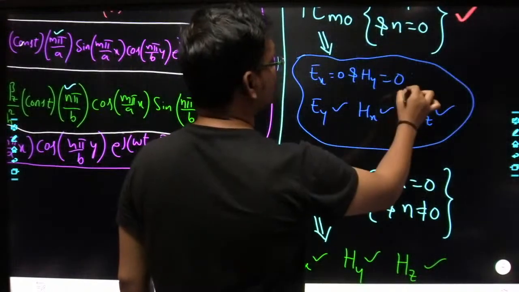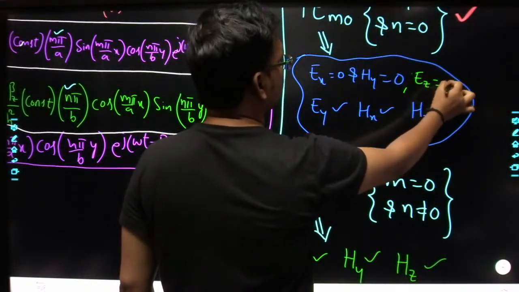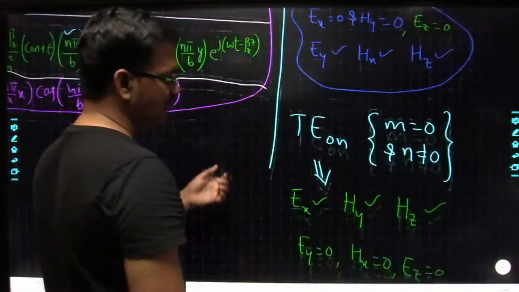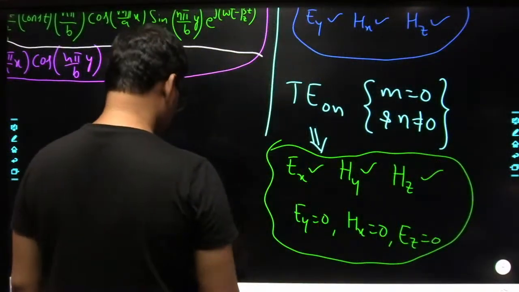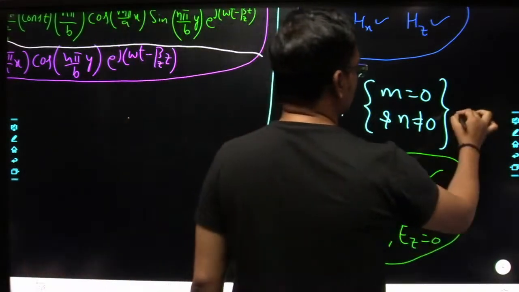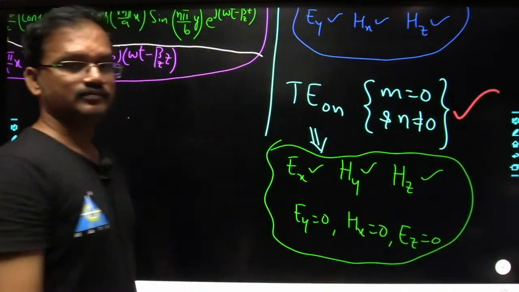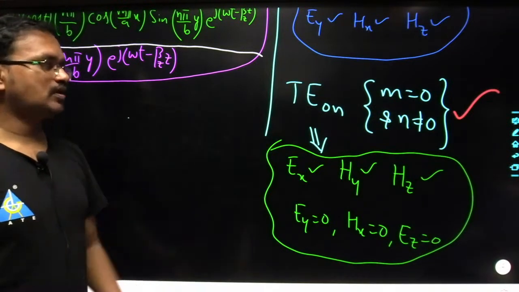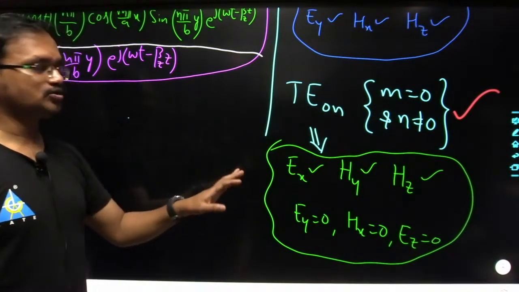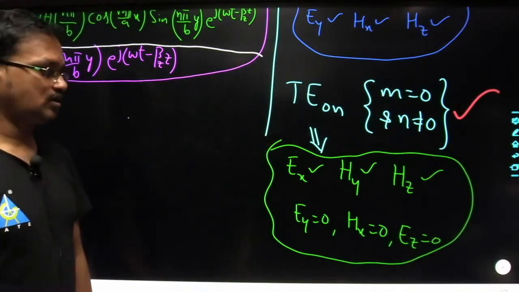So here also you can write Ez equal to 0, right? Okay, so this TE 0n mode is also possible, for n not equal to 0, right? Which means TE 01 mode, TE 02 mode, TE 03 mode, and all those modes are possible, right?